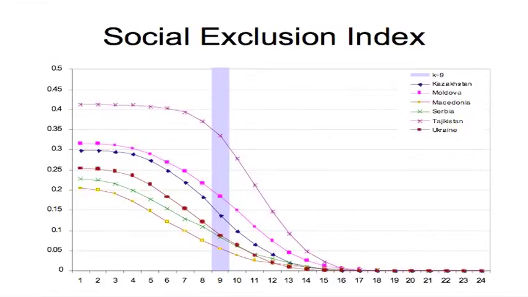And from this chart, we can see that, for instance, in Tajikistan, deprivation exclusion is much higher than in other countries if you take any critical limit, any critical line. Whether you take 10 vulnerabilities or 9, the situation in this country will be much worse than in other countries.